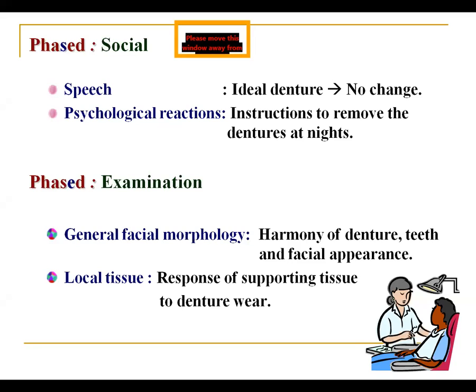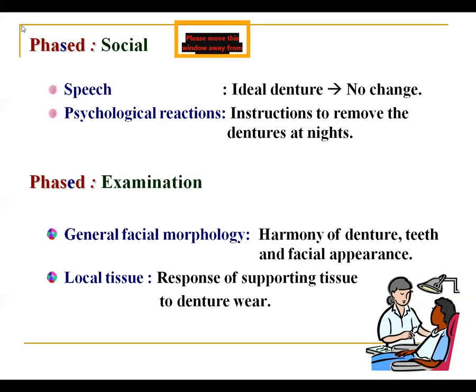In PHASED, we are seeing the general examination. In general examination, we prepared the mnemonic PHASED. We came up to S for social, and in social factor we have to check speech and psychological reaction of the patient.